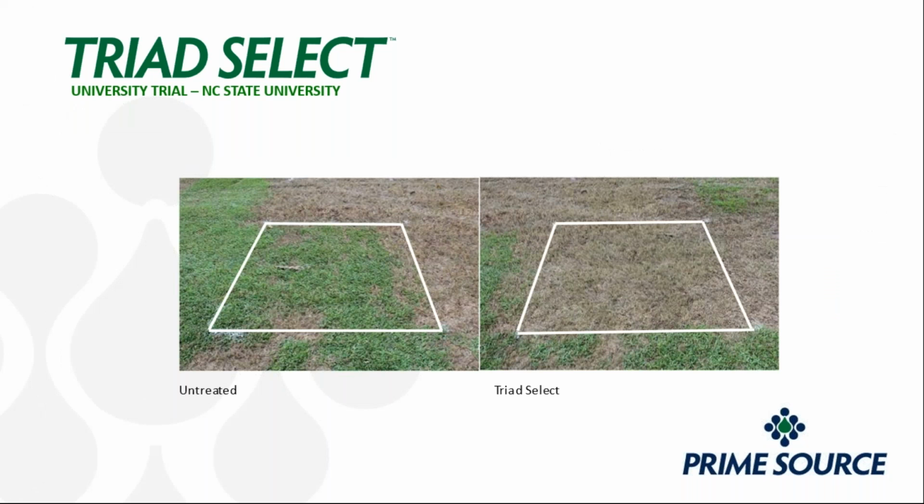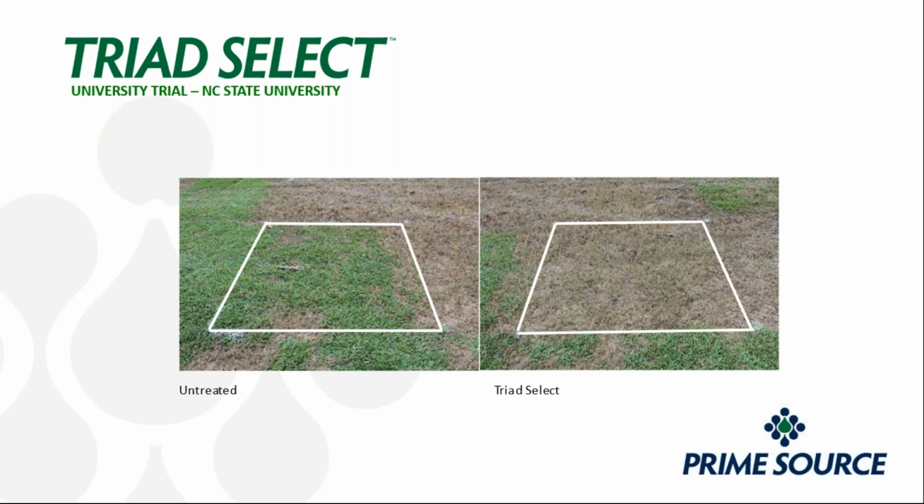And I believe I have a photo of this weed. Here we are. So if you look to the left, that's the untreated. And like I said, it looks like a grass, but believe it or not, that is a broadleaf weed. It's very similar to Virginia buttonweed. It's commonly mistaken as that. Very difficult to control. Before we were doing a lot of 3-way testing, this was a multiple application problematic weed.